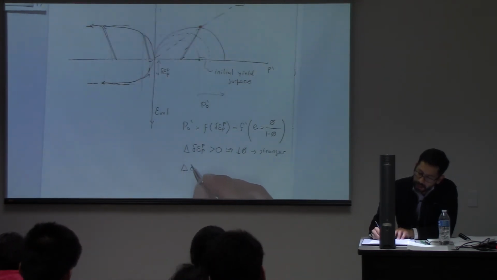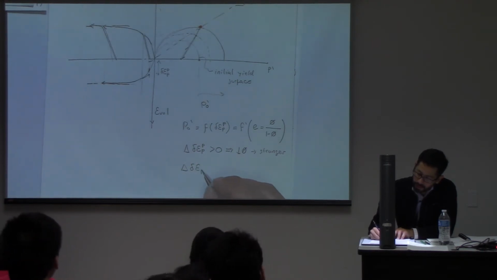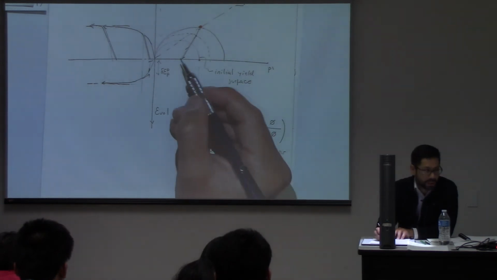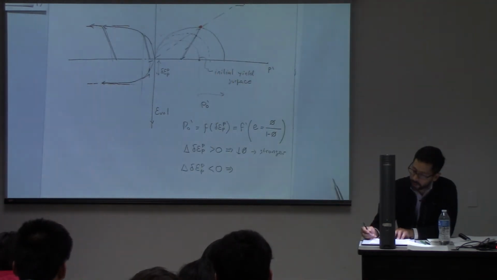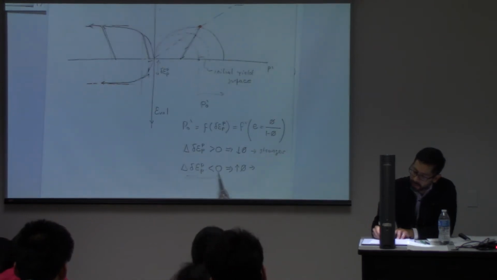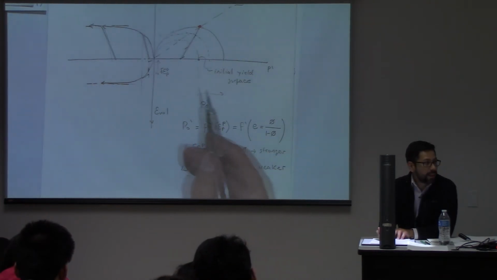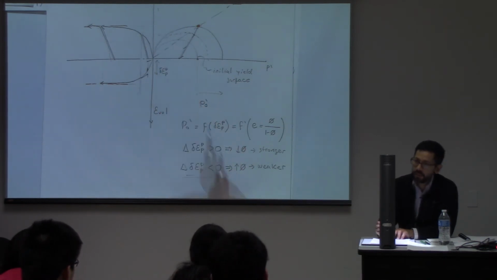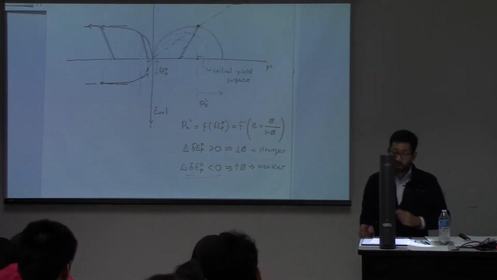If your variation of volumetric strain is negative, as in dilation here on the dry side, that means higher porosity, and if this one is negative, that will mean that the material is going to get weaker, and actually that P naught is going to move to the left instead of to the right.